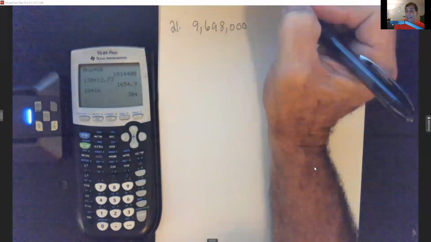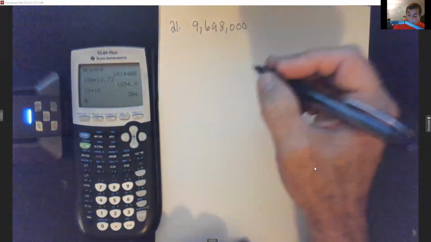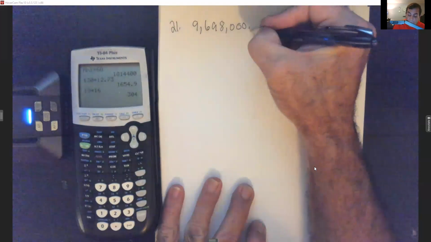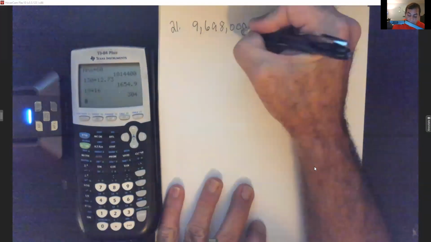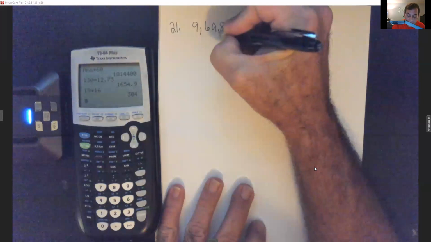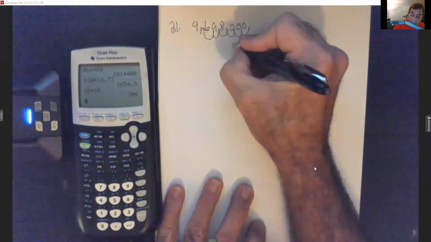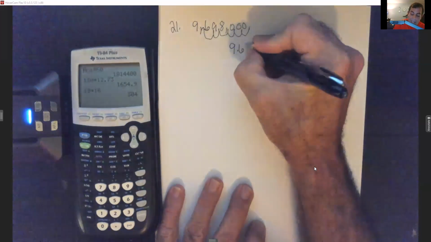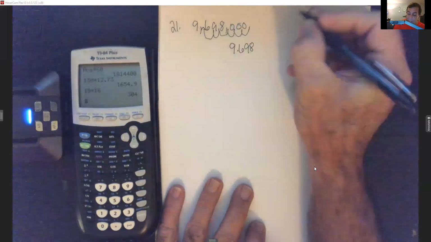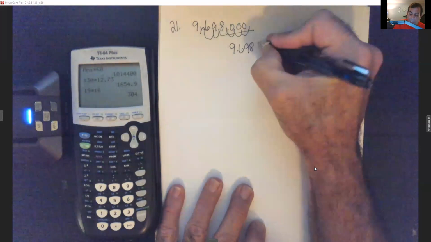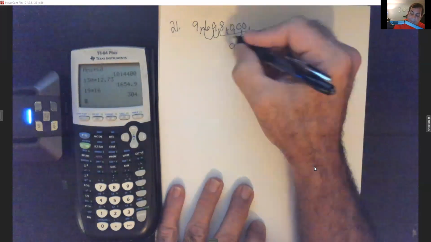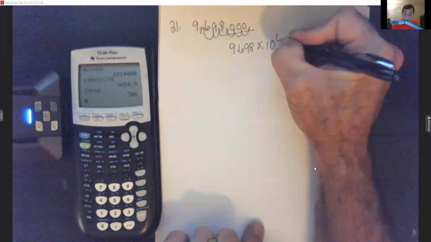They want me to write that in scientific notation. So remember, the decimal's right here at the moment. So we're going to move left. 1, 2, 3, 4, 5, 6. So I'm going to move left 6 times. So I get 9.698. Remember, I don't need these zeros. Times 10. Since I went left 6, that is a positive 6.